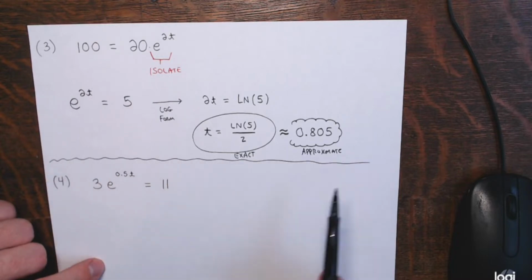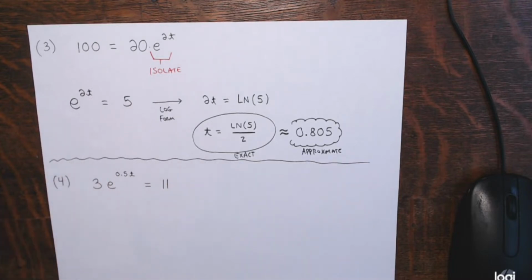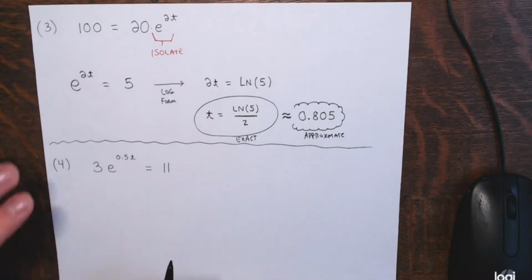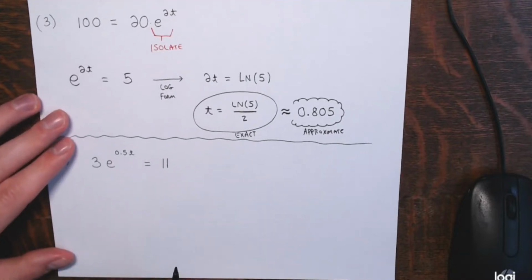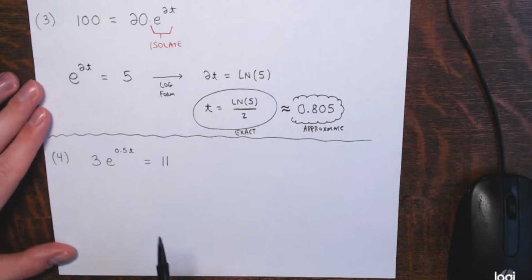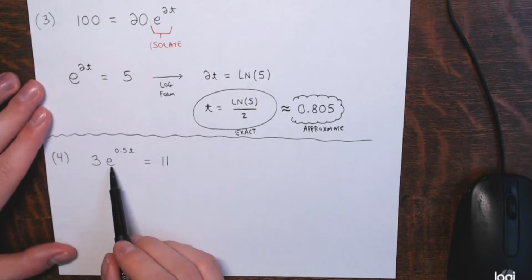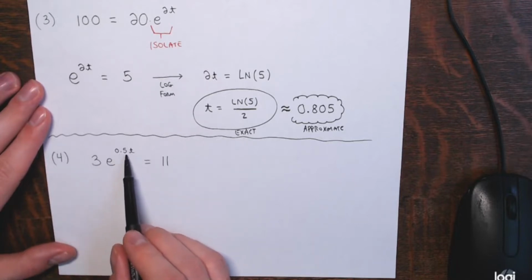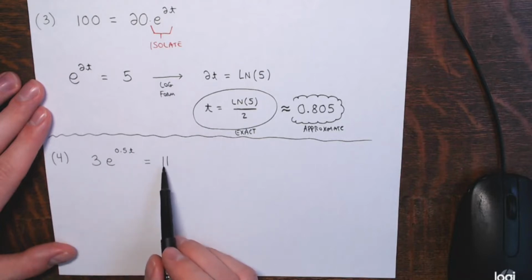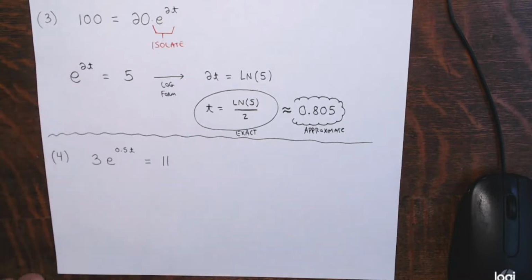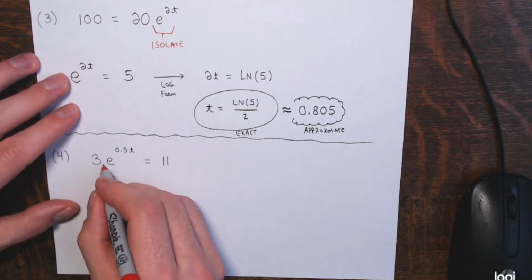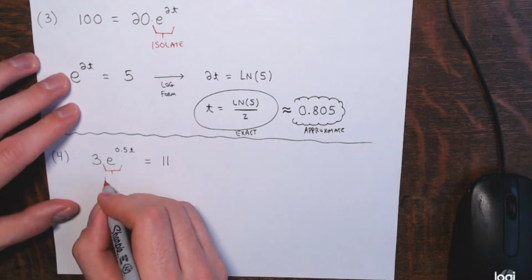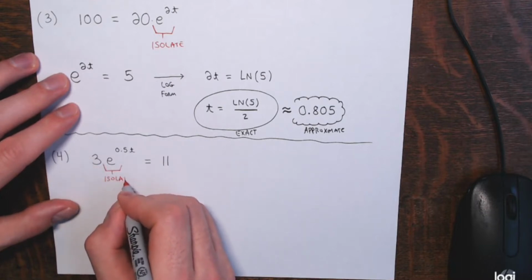All right, and again, the next few problems are like this, where I have a base in power that I want to get alone first. So here I have 3 times e to the 0.5t, or half t, equals 11. As I did with the previous example, this base and variable power, I would like to get this alone, isolated.